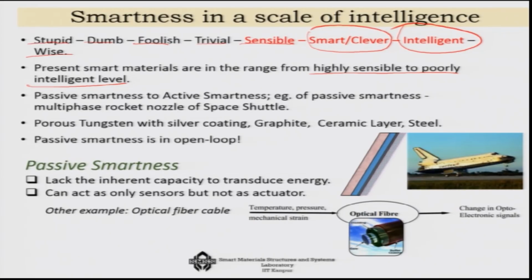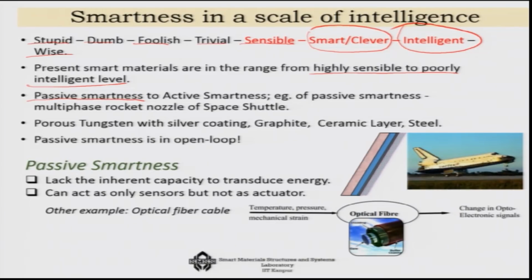Now, how do we rank this range from highly sensible to poorly intelligent? How do we say that a particular smart system is highly sensible, or more than sensible, that it is smart or intelligent, etc.? It actually starts from passive smartness, which gives a highly sensible material.